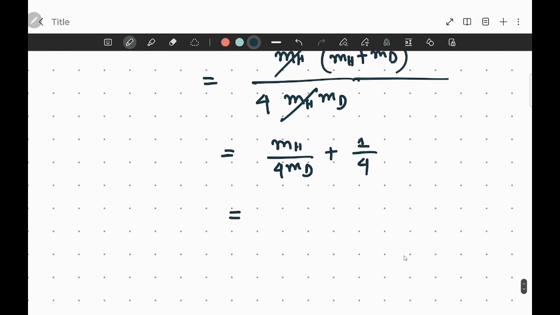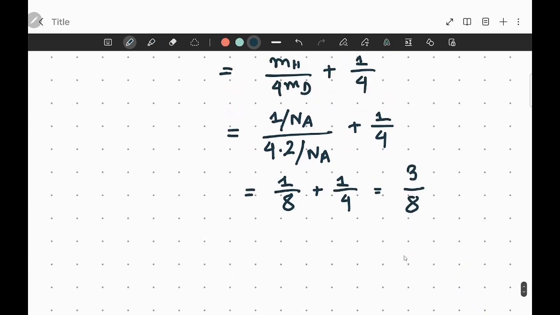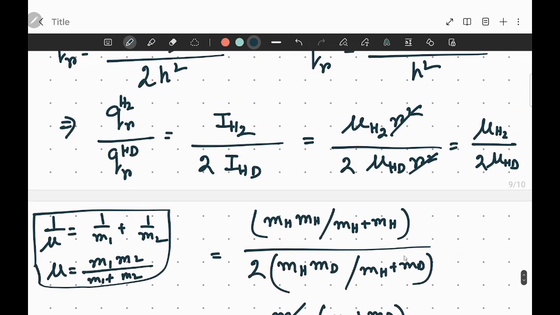MH is 1 by Avogadro number. Here the ratio is there, so it will be cancelled out, but always you have to write it. So it is 1 by 8 plus 1 by 4, so it is 3 by 8. What was your answer? 3 by 8, right? Yes. So that will be the ratio.